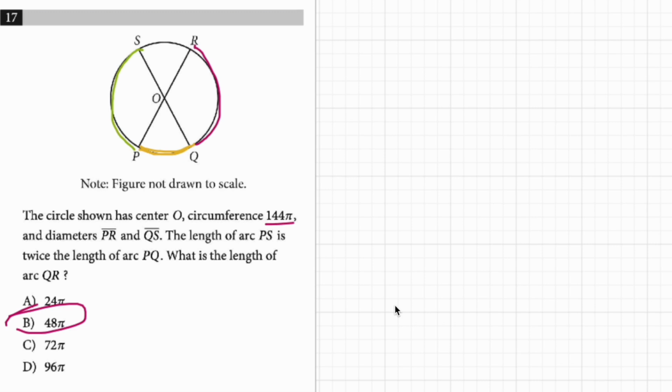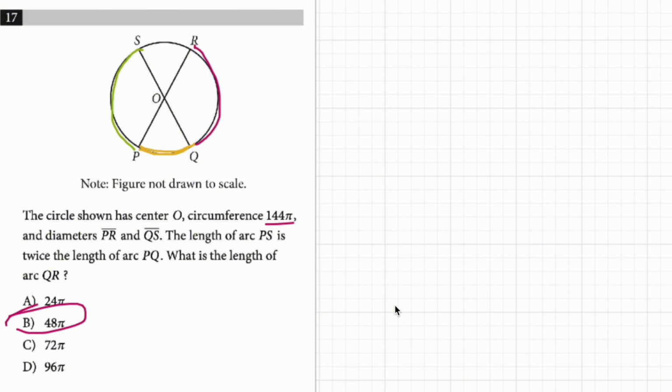It can't be 72 or 96. 72 is going to be half the circle, and it's not half the circle. And 96 is bigger than half the circle. That's not arc QR. And answer choice A is probably just too small. That's going to be like a sixth of the circle, which is probably what PQ and SR are.